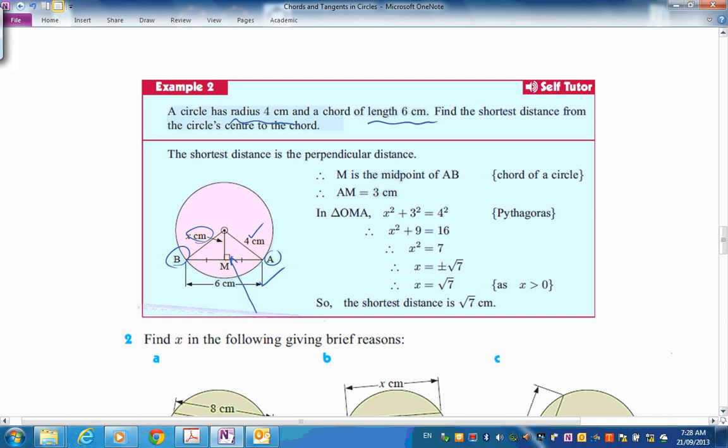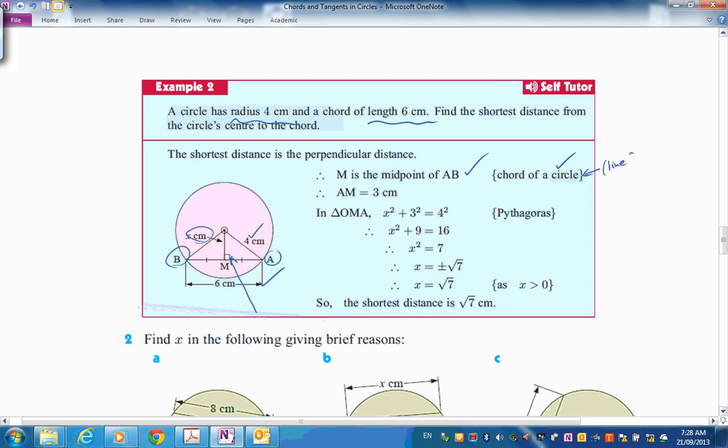So, what can you say? Oh, that's a theorem. So M is the midpoint of AB. What's the new theorem we've just had there? The perpendicular drawn from the centre to a chord bisects a chord. I would give a reason here differently.